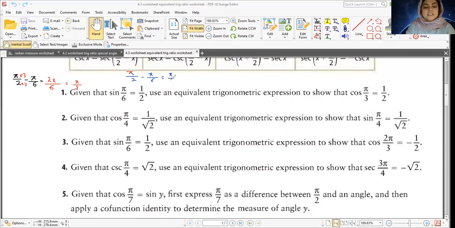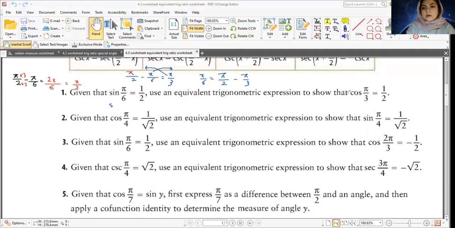If you rearrange it, bring pi over 6 here, pi over 3 here, what do you have? Pi over 6 equal to pi over 2 minus pi over 3. That was given, right?